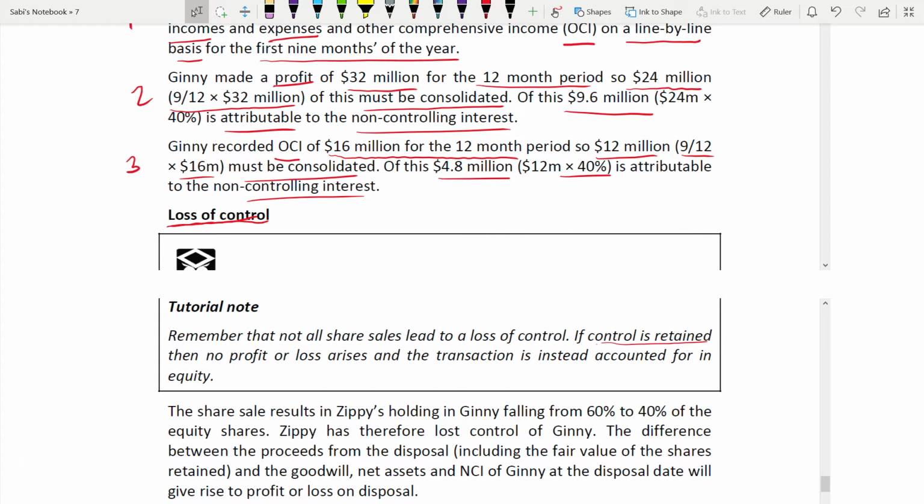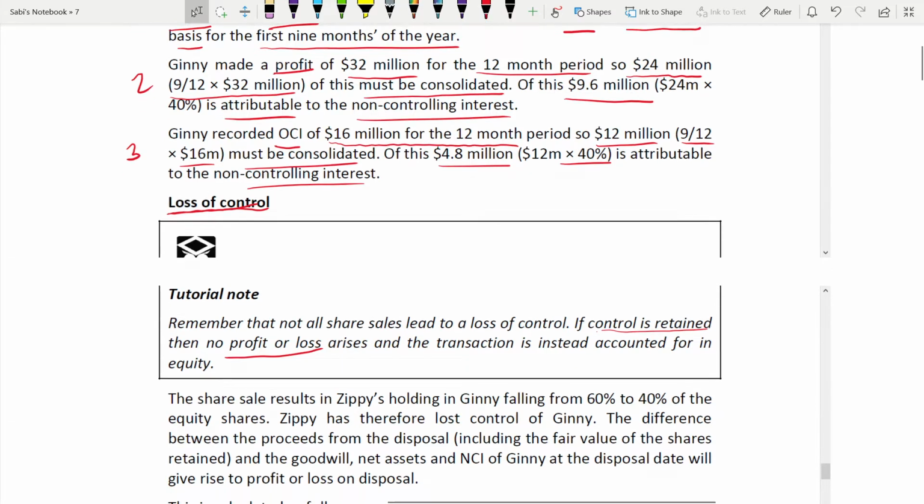No profit or loss arises, as the transaction is instead accounted for in equity. It's like shareholders are changing their hands. That's it. There is no profit or loss. You're not disposing of it. It is not considered a disposal, therefore no profit or loss, because still it's a subsidiary. It's just the shareholders changing hands, that's it. Okay?